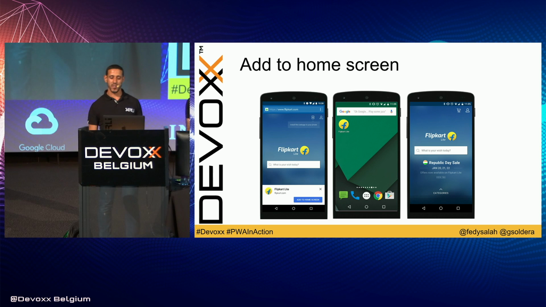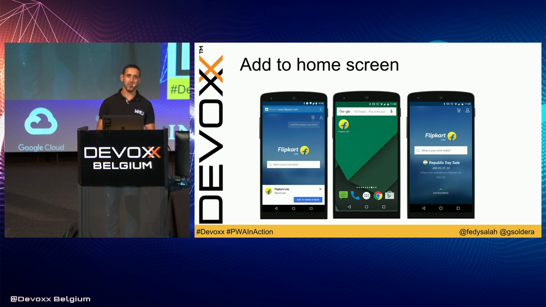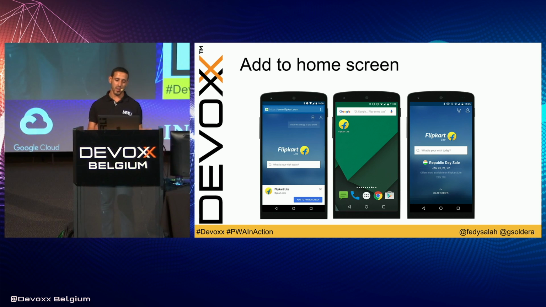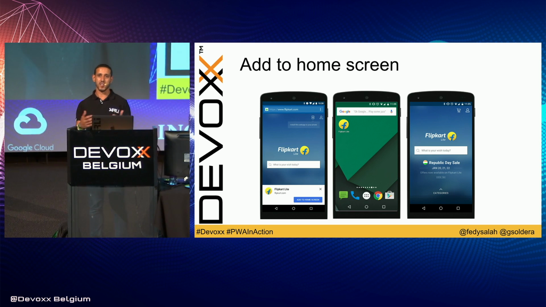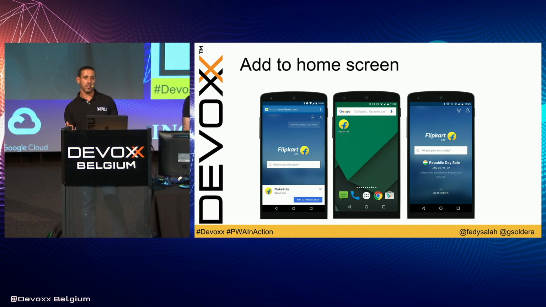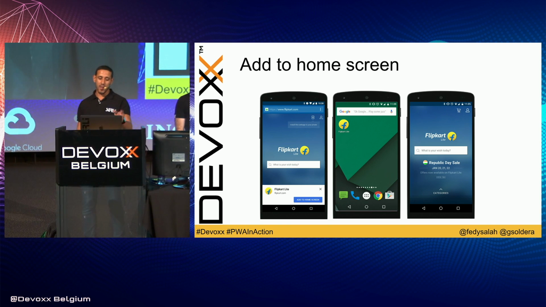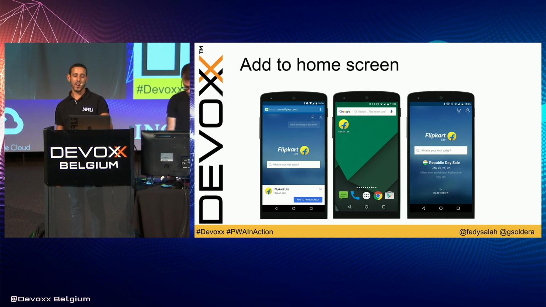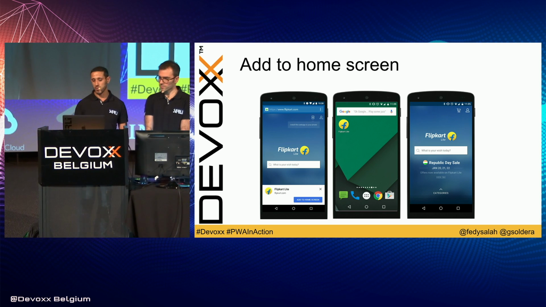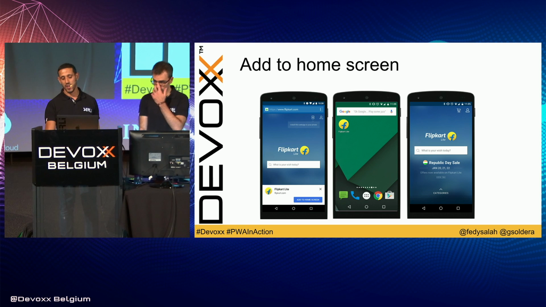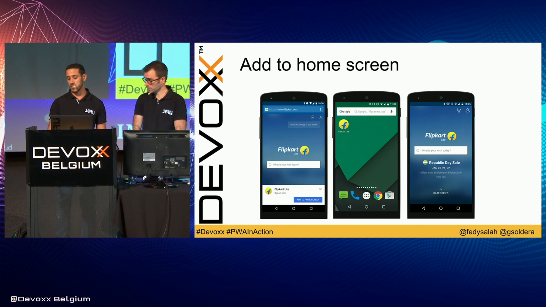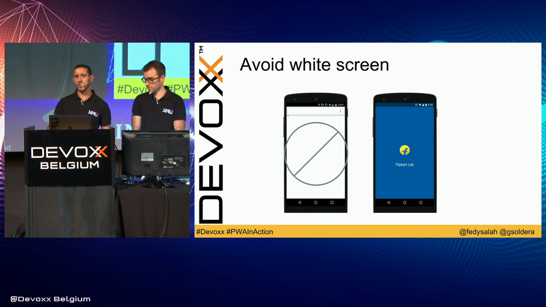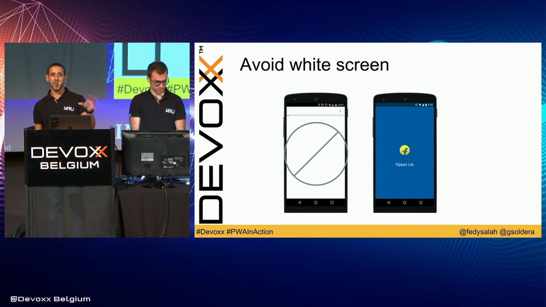So to summarize, we saw that a progressive web app will prompt the user when we implement a manifest and a light version of the service worker. The user can add the application to their home screen, and when they launch the app, they will see a splash screen instead of a blank screen.